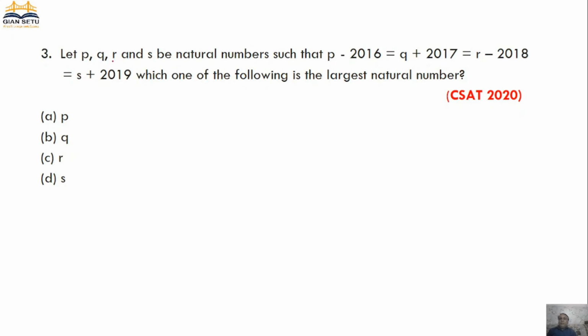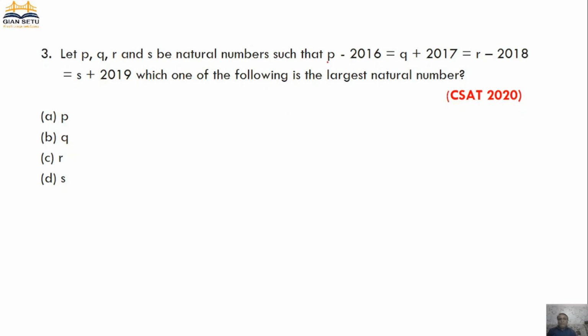Let P, Q, R and S be natural numbers such that P minus 2016 is equal to Q plus 2017 is equal to R minus 2018 is equal to S plus 2019. Which one of the following is the largest natural number?